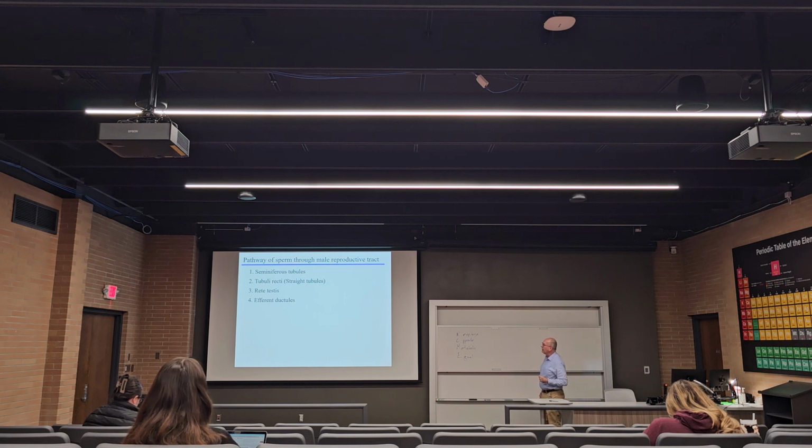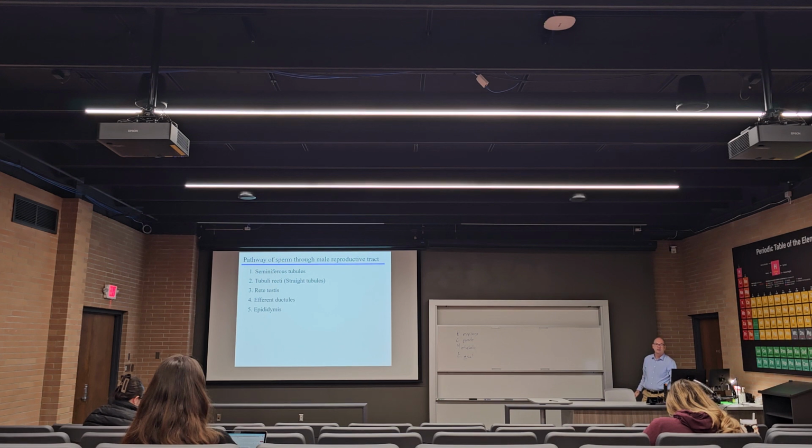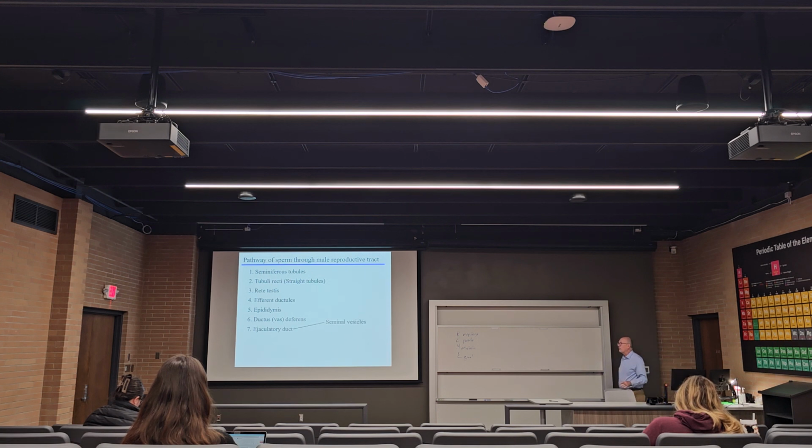So again, all of these structures are inside the testes itself. We then leave the efferent ductules and enter into the epididymis, where these sperm are stored and undergo their final functional maturation. From there, upon appropriate stimulation, they will enter into the ductus deferens, also known as the vas deferens, where they will then enter into the ejaculatory duct, along with the outputs from the seminal vesicles.